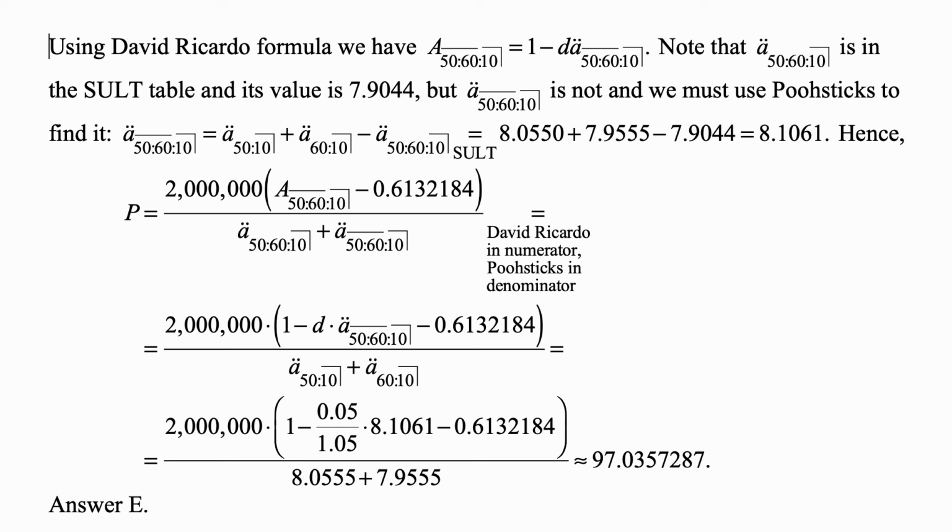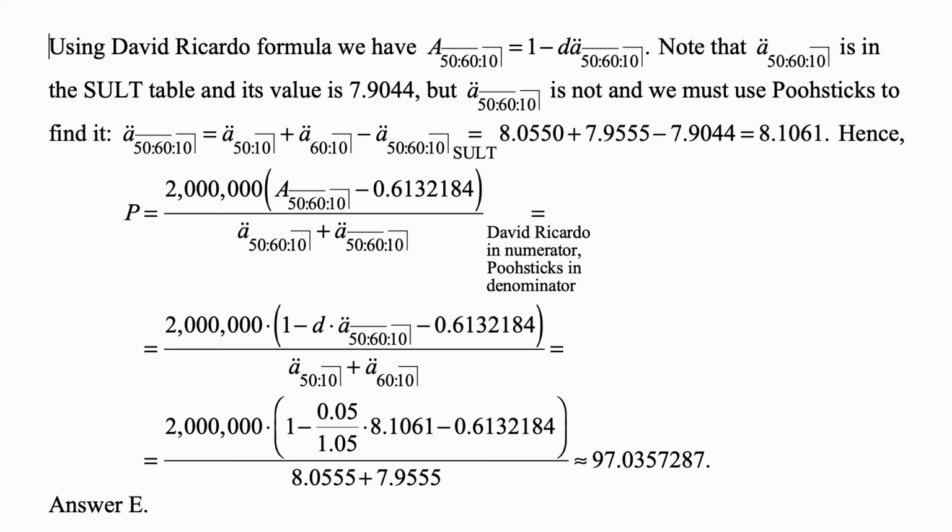And the premium must be equal to 2 million times A 50:60 with a bar above it, angle 10, minus 0.6132184, over ä 50:60:angle 10 plus ä 50:60 with a bar above it, angle 10. Of course, the million becomes 2 million because we take the 1/2 from the bottom and it becomes 2 at the top, multiplied by a million.